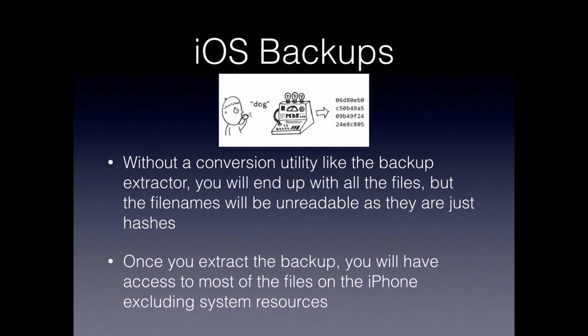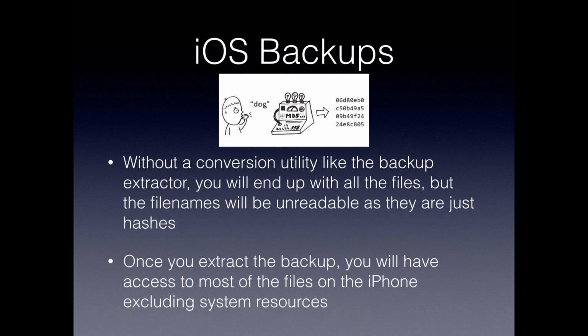So right now, I'll show you a little demo after this, but when you actually run that backup on your computer, or into iCloud for that matter, without a conversion utility like the backup extractor or a freely available Python script, you're basically going to end up with all the files, and that's in a location on your OS X in Library, Application Support, MobileSync, Backup.